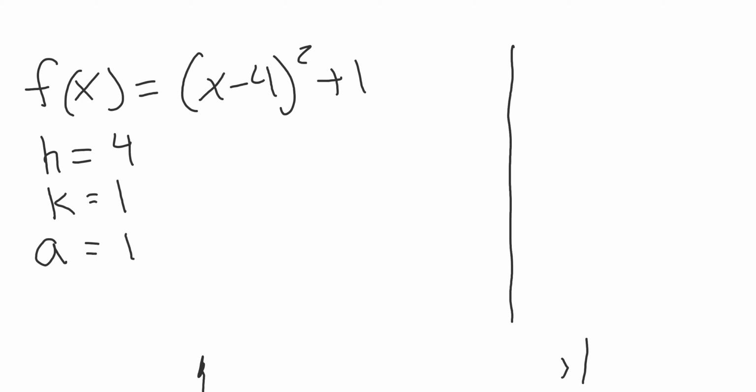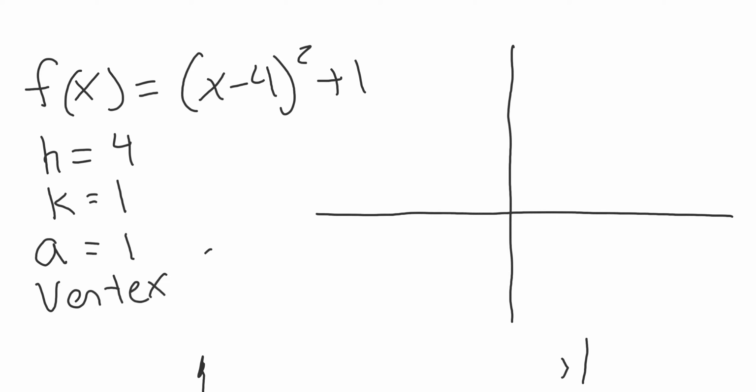So when we go to graph this, our vertex is going to be at h, k. So it's going to be at 4, 1, which is 1, 2, 3, 4, and 1. And so we have no stretching or flipping. That means from our vertex, when we go 1 to the right, it's just going to move us up 1.